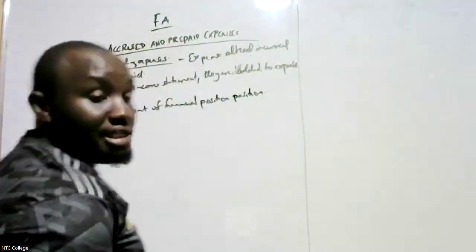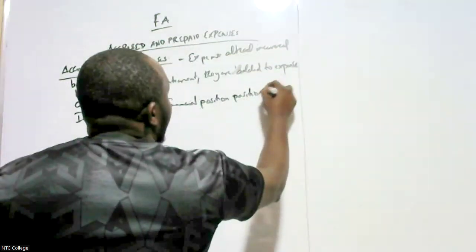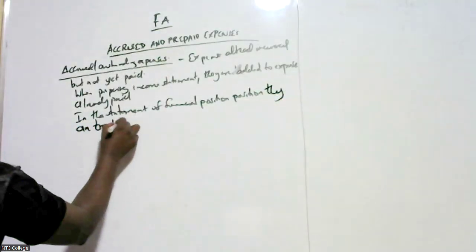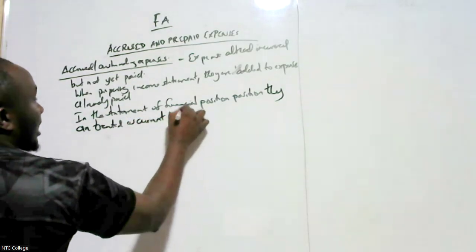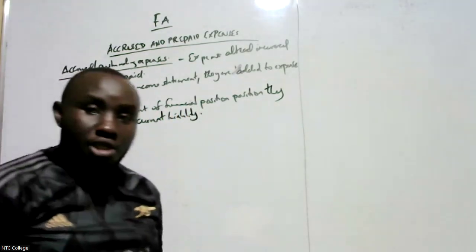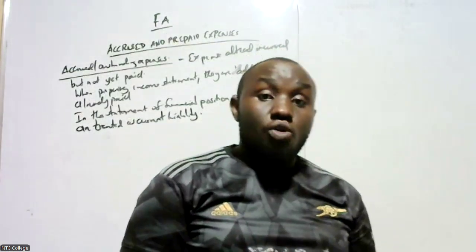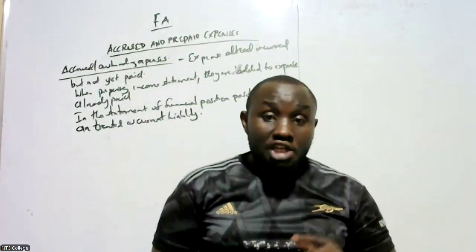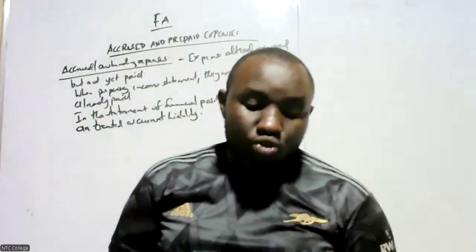They're treated as a current liability. Understood? We respond with a yes if you're there. So in the income statement or the P&L, we add them to expenses already paid, but in the statement of financial position, or the balance sheet, we treat them as a current liability.